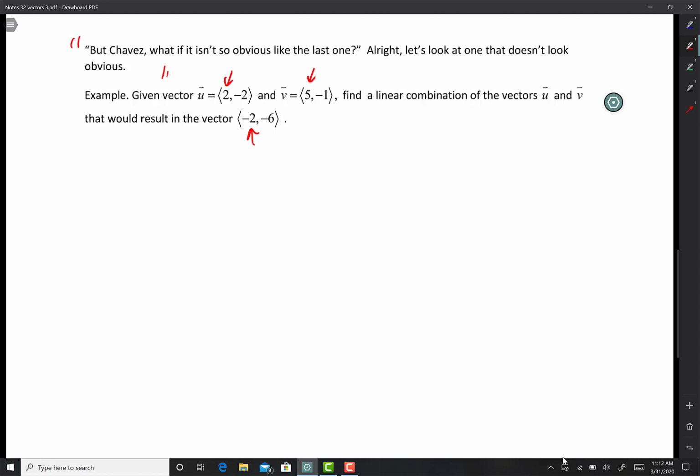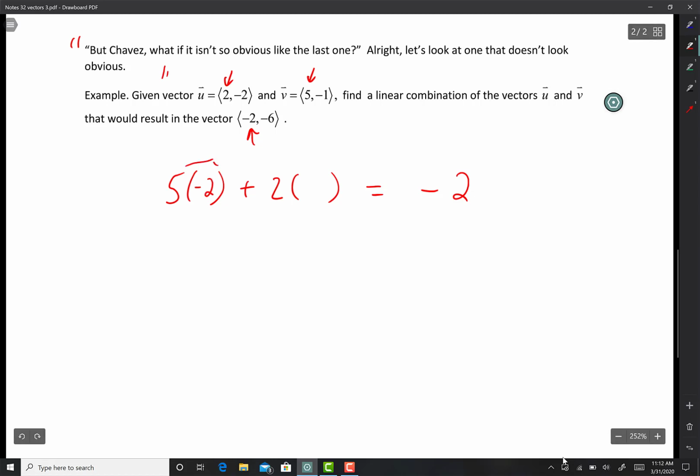So I see a 5 here, and I see a 2 here, and I'm thinking, okay, 5 times what number plus 2 times what number is going to give me a negative 2. So immediately I know that I want a negative output. I want the larger number to be negative. So I'm going to make this 5 times negative 2.